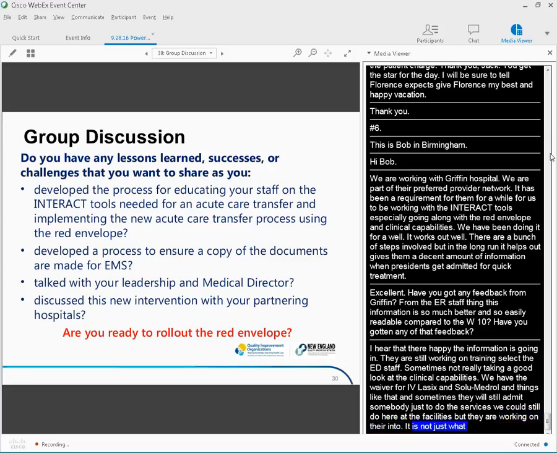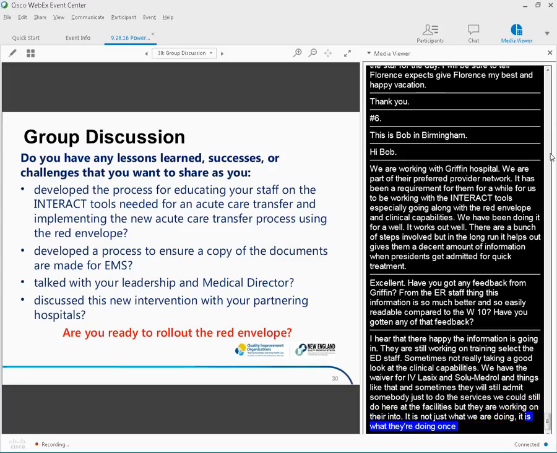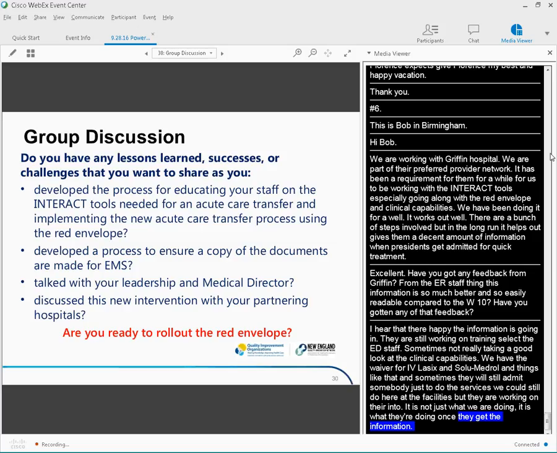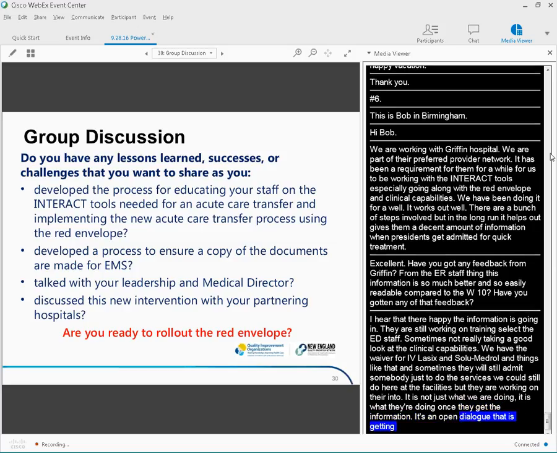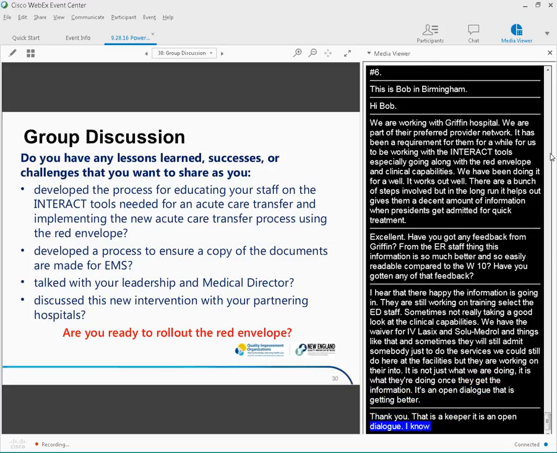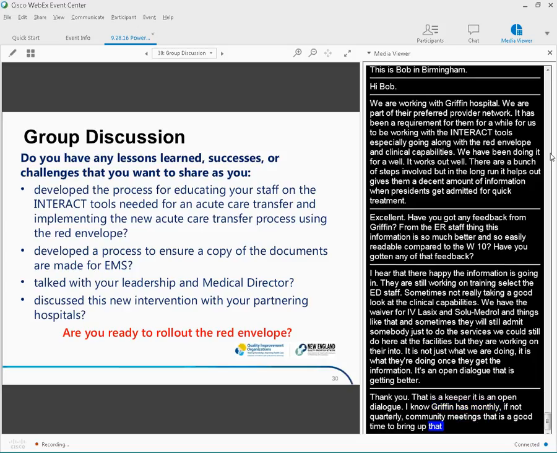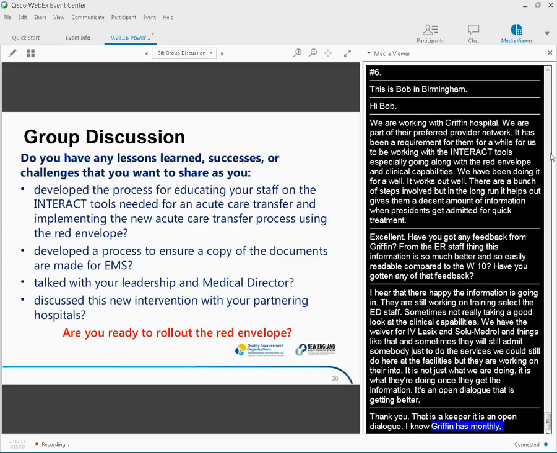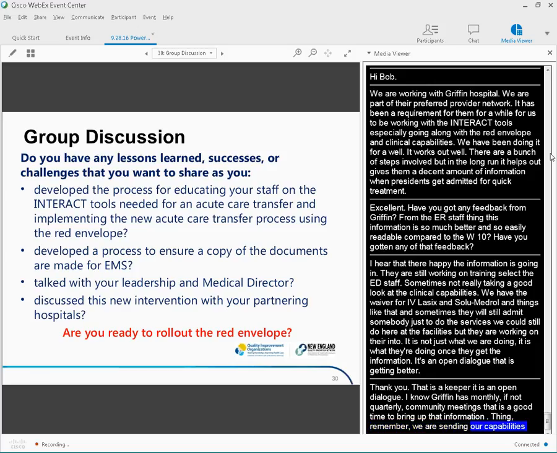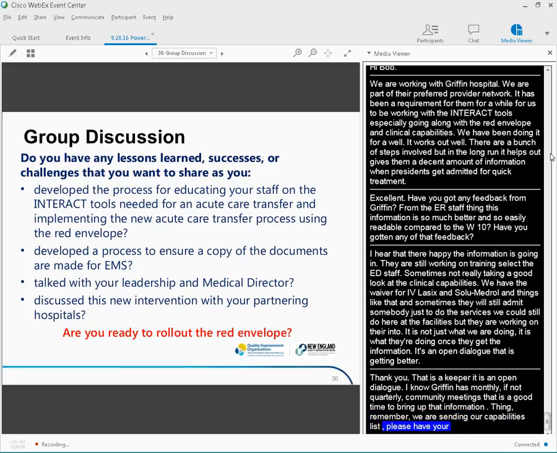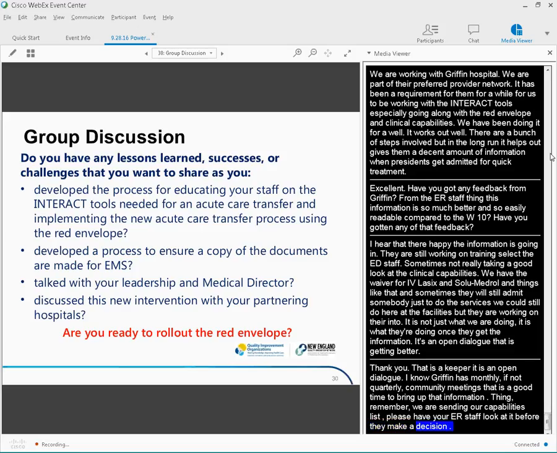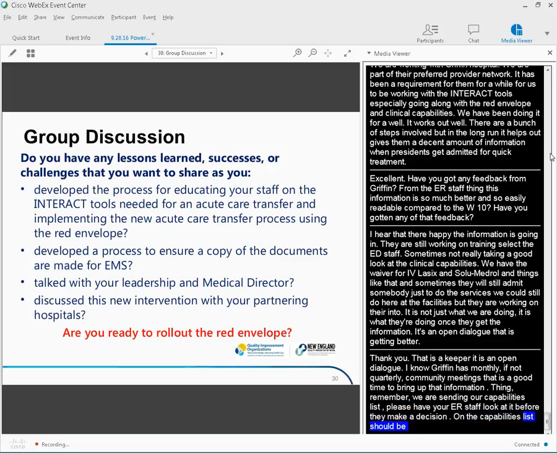Excellent, thank you. So that's the key. It is an open dialogue, and I know Griffin has monthly, if not quarterly, community meetings, and that's a good time to bring up that information again, saying, remember, we are sending our capabilities list. Please have your ER staff look at it before they make a decision. And on that capabilities list should be a live phone number, not a phone number to the admission desk, who is only there Monday through Friday, 9 to 5.